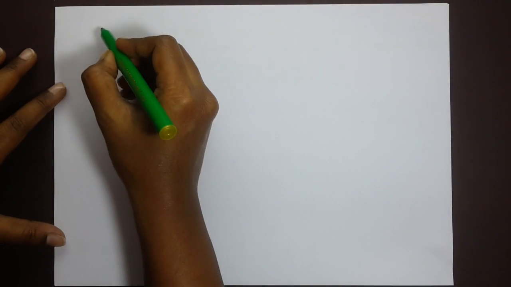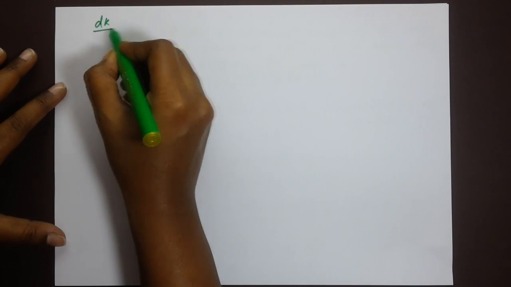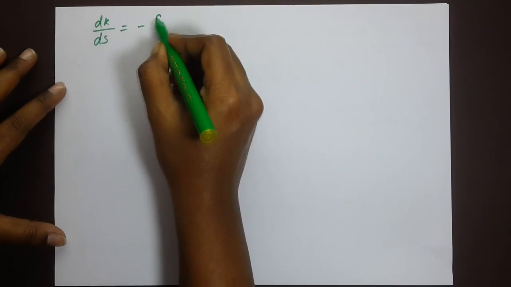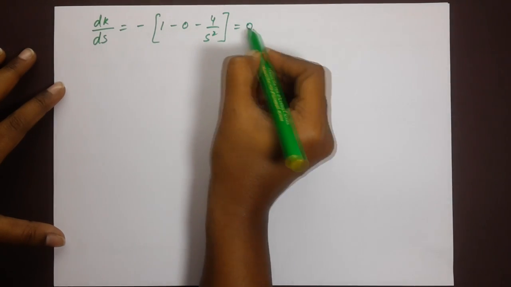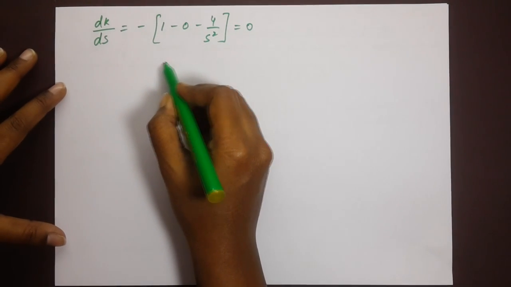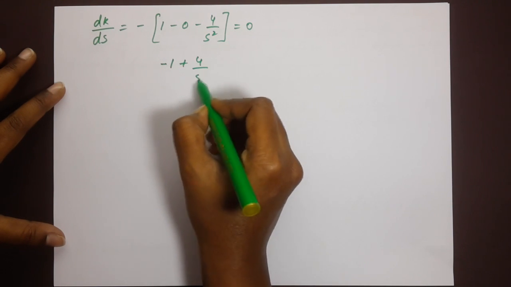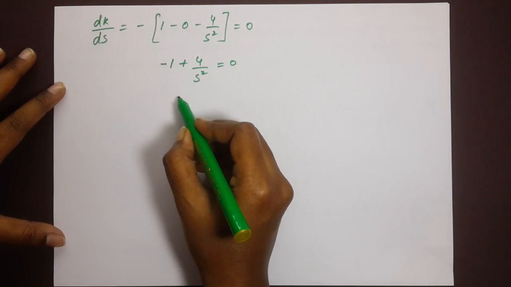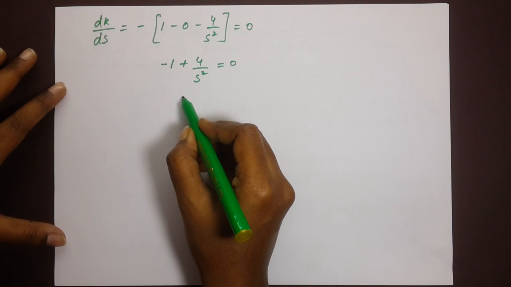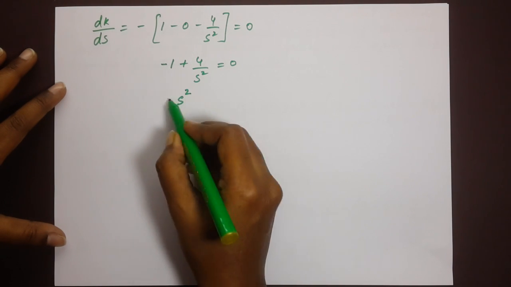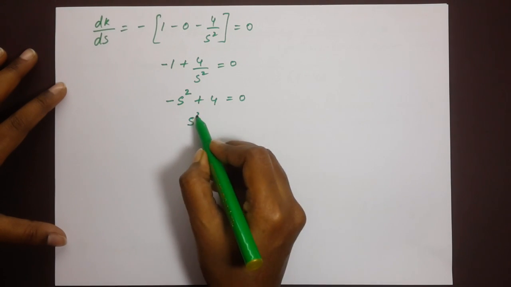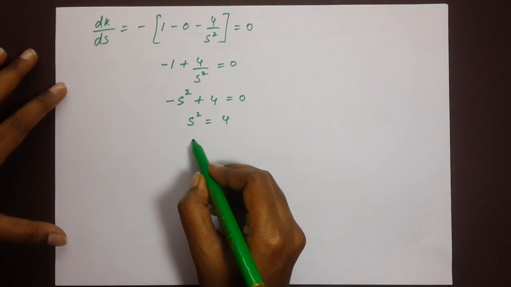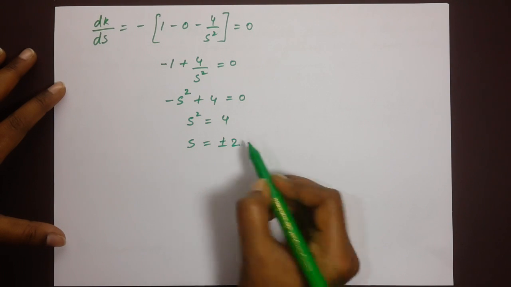So we now have dK/ds is minus of (1 - 0 - 4/s²). This is what we found. Okay, let's equate and see. We get -1 + 4/s² = 0. We can write this as -s² + 4 = 0, s² = 4, s = ±2.